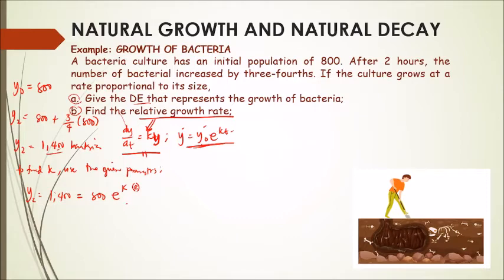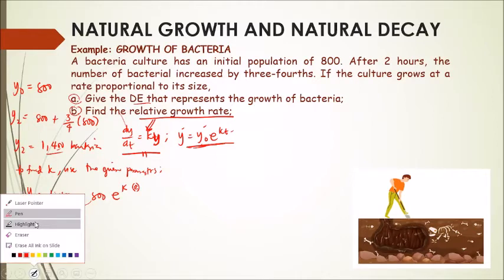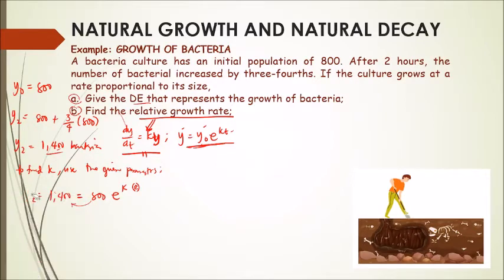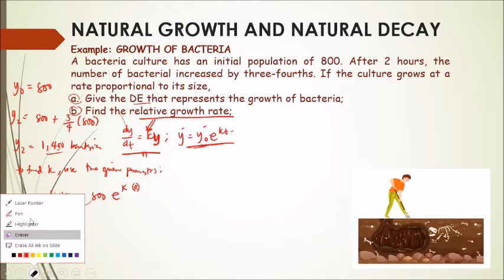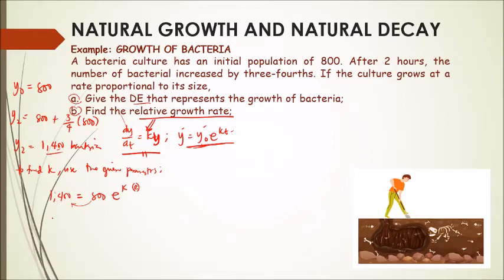Okay? So, we move 800 to the other side and take the ln of both sides to eliminate e. And then, divided by 2. So, this should look like this: ln of 1,400 over 800, divided by 2, is equal to k.